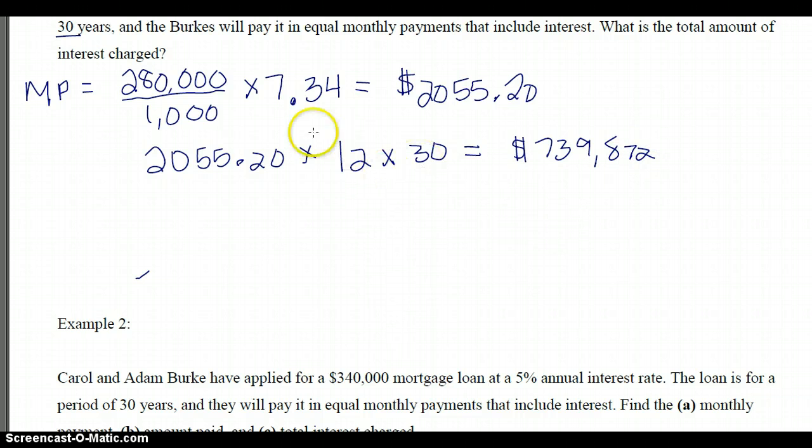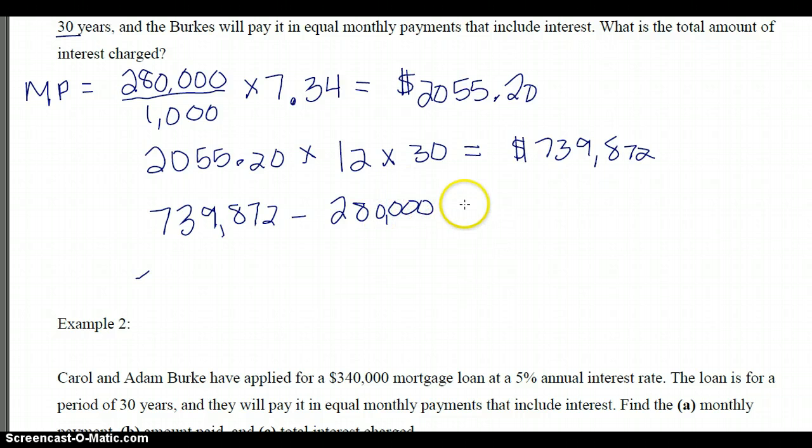To find the interest paid, we're going to take the total paid back, $739,872, and subtract the amount of the original loan, which was $280,000. This will give us a difference of $459,872.